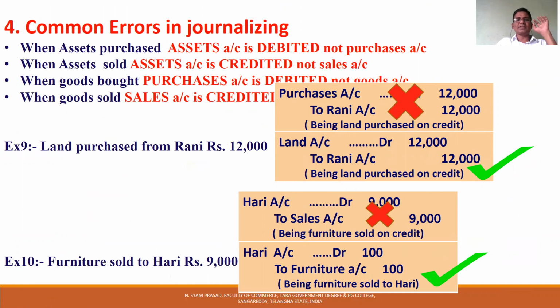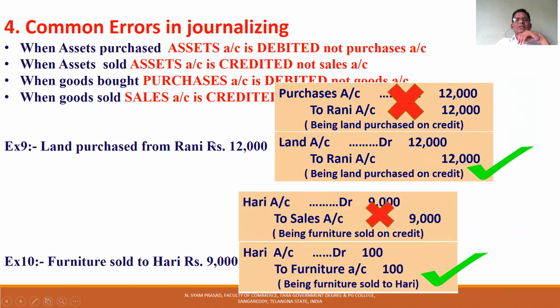That you have to remember. This is the common mistake made by the students. When a fixed asset is purchased, the fixed asset account is debited. Purchase account is used exclusively for goods only, not for land. So land is purchased, land account is debited and Rani is credited because Rani is the giver. Don't use purchase account for land, buildings, plant, machinery, furniture.